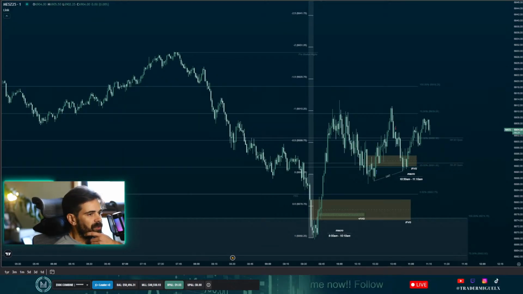Better slow this market, honestly. It seems like something will happen once again in between 11:15 to 11:30, and the time is somehow approaching.